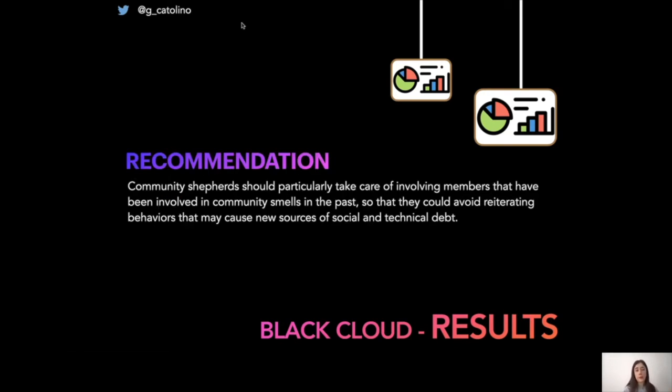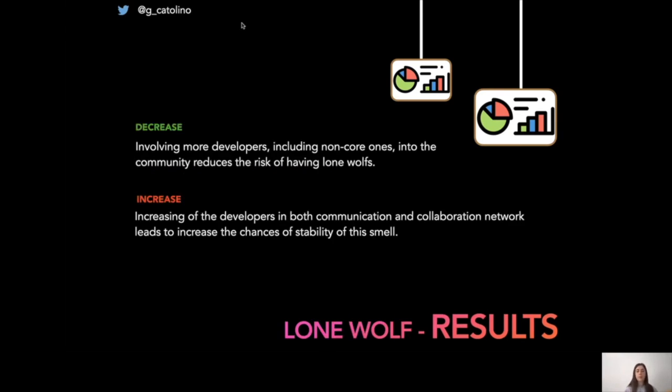So our recommendation in this case is to carefully monitor developers that have been previously involved in the community smell in order to not reiterate this behavior that may cause new sources of social and technical debt.